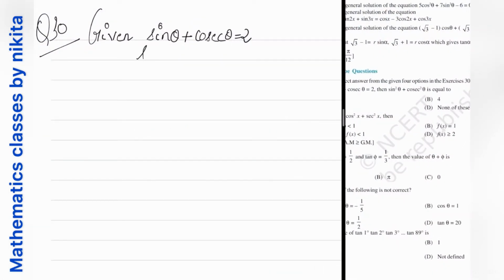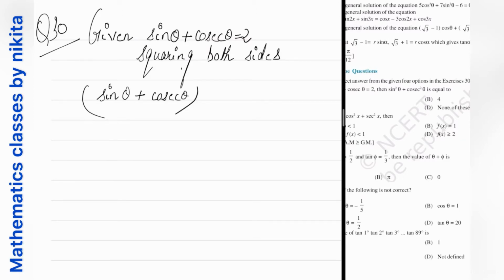What we will do here is square both the sides. So squaring both sides, what you will get? You will get that (sine theta plus cosecant theta) whole square is equal to 4, and this implies that sine square theta plus cosecant square theta plus 2 sine theta cosecant theta is equal to 4.